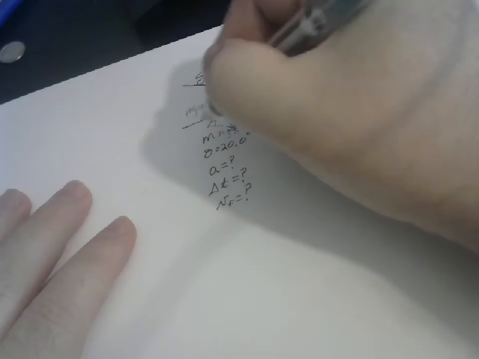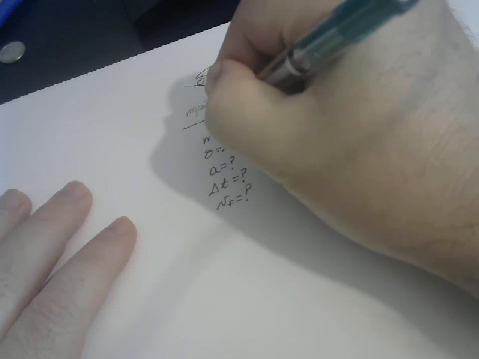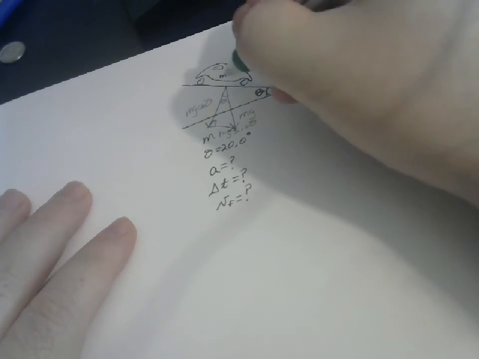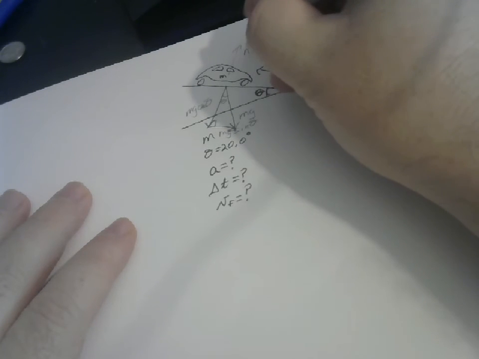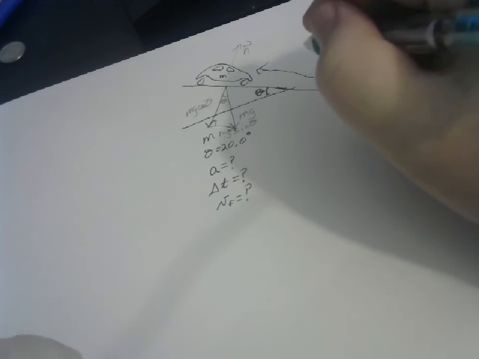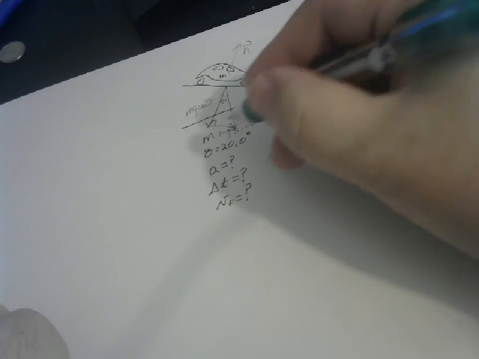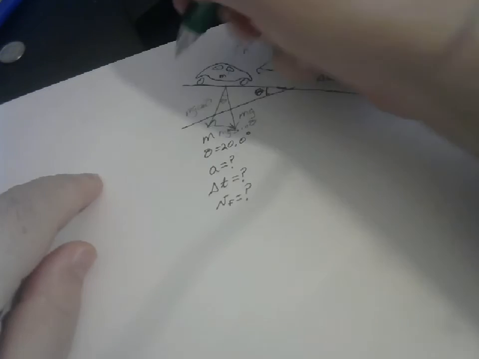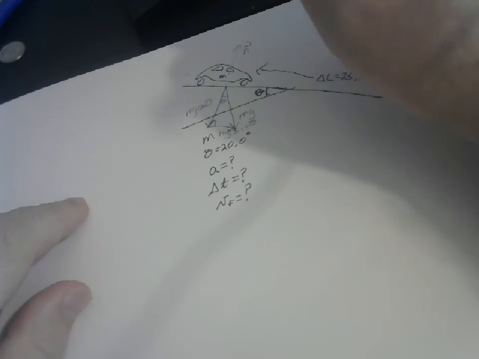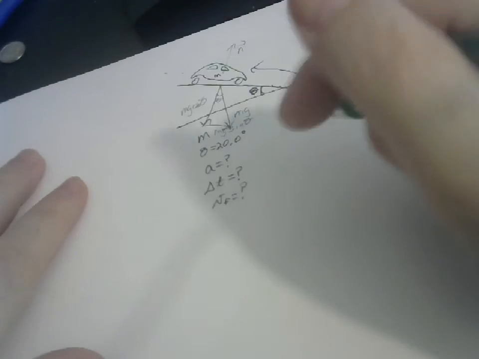Now the force of gravity in the normal direction is exactly canceled out by the normal force. But the force of gravity in the parallel direction, we used to have a tension up here holding that sled in place, but now we don't have any tension in place.